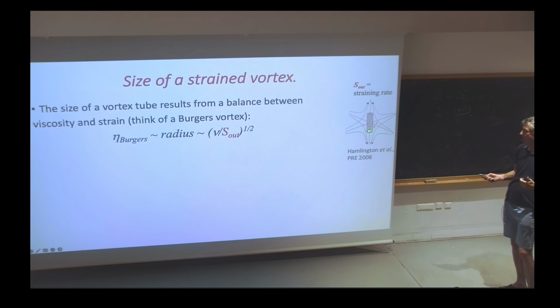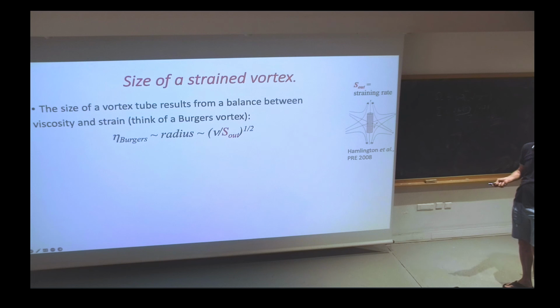We're doing a real fluid, putting in some proper viscosity, and when you look at the solution, you calculate everything. You find that the radius of this tube effectively scales as the viscosity divided by the amplitude of strain, to the half power.